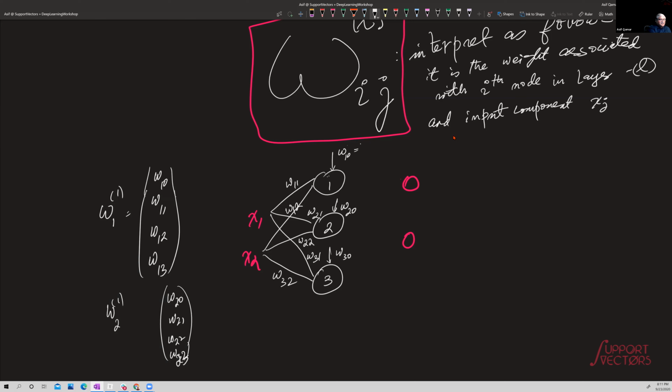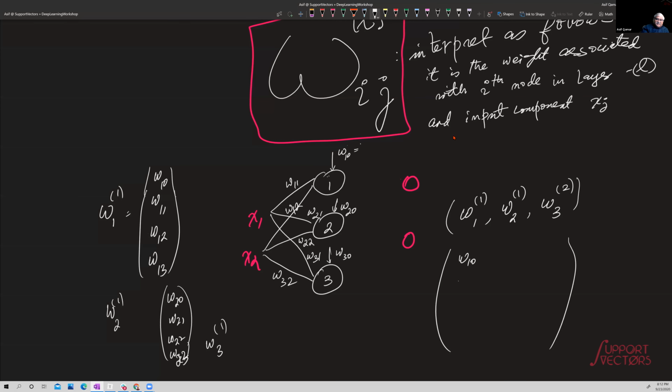So what happens is you get this, and now you have W3 of the first layer. So putting W1, W2 node, the weights of the second node and the weights of the third node together, what do you get? Suppose you put them together, you get this giant, what is called a matrix.